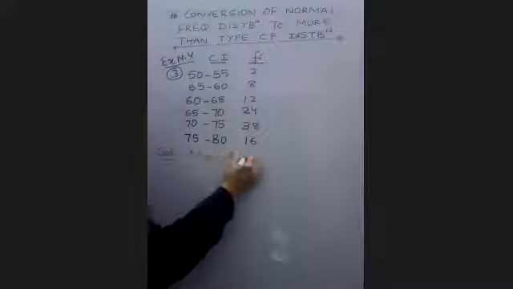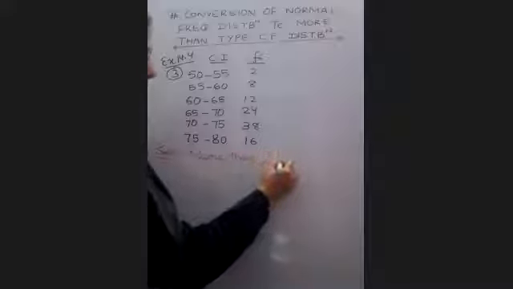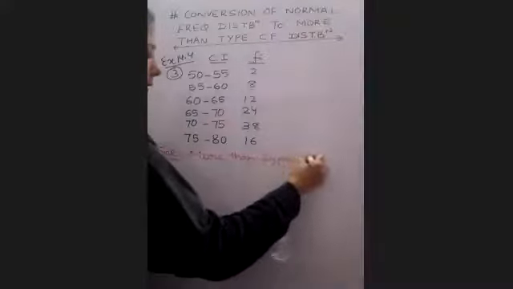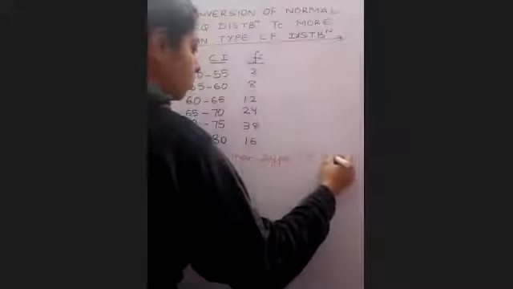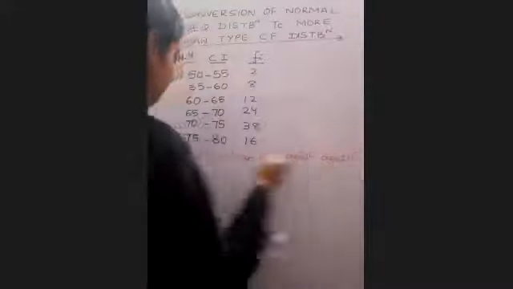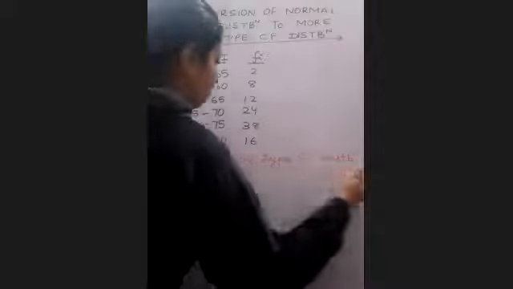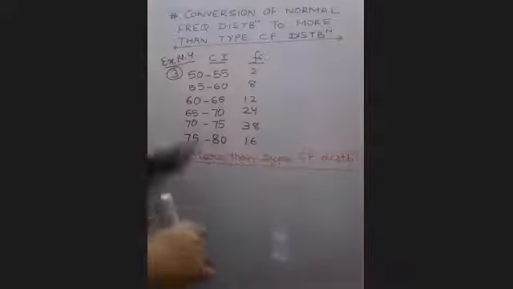And we need to convert this to more than or equal to type cumulative frequency distribution. Now I want you to give me a term instead of CI and FI. I want to put something else.